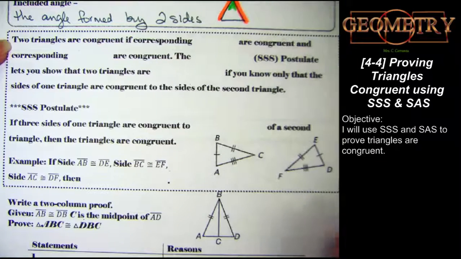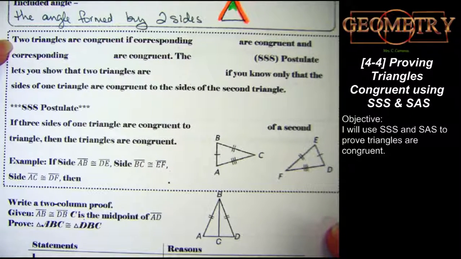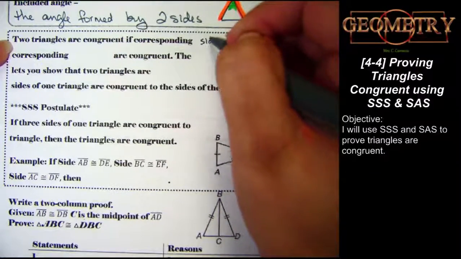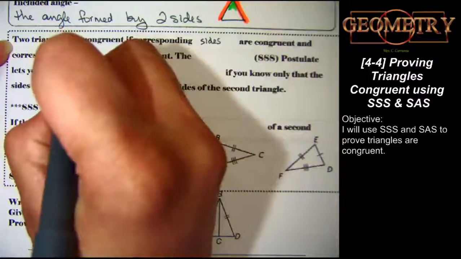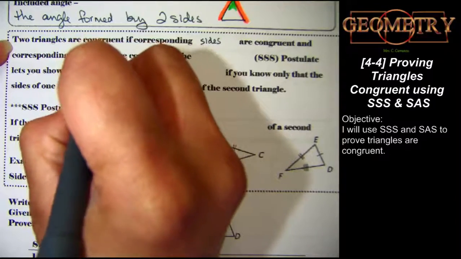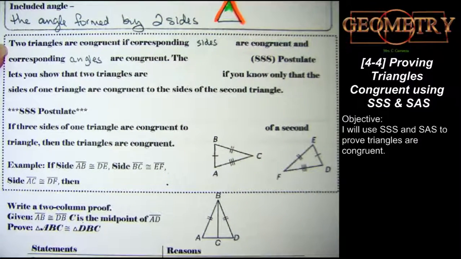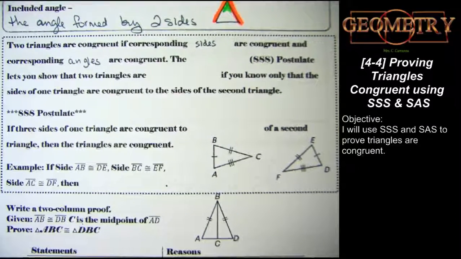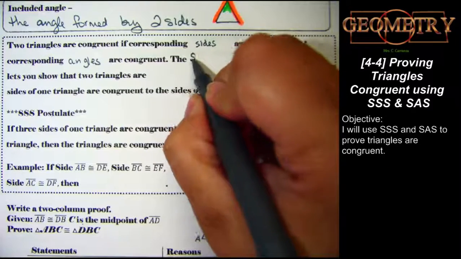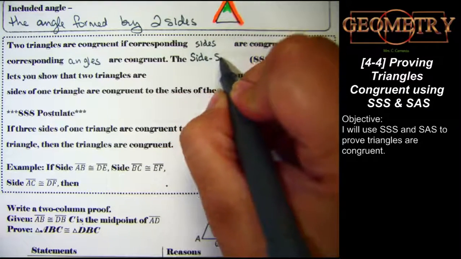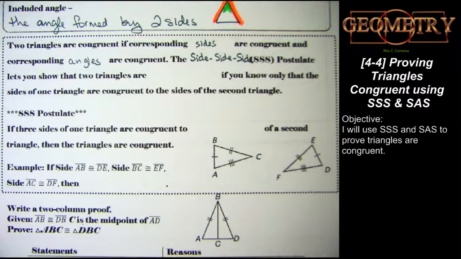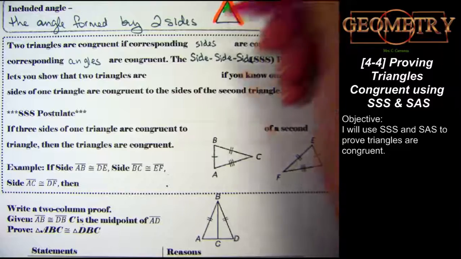Last time we were together, in the previous episode, we said that two triangles are congruent if the corresponding sides and the corresponding angles are congruent to each other. But that was a lot of work to show all the sides and all the angles congruent. And so we want a faster way to do it. The side-side-side postulate is the first fastest way that we have.